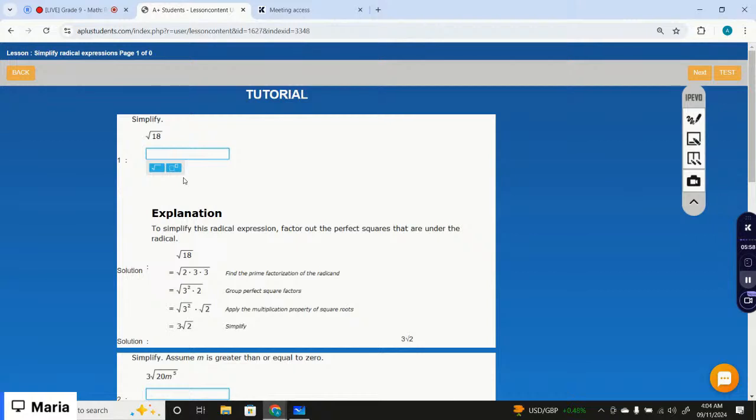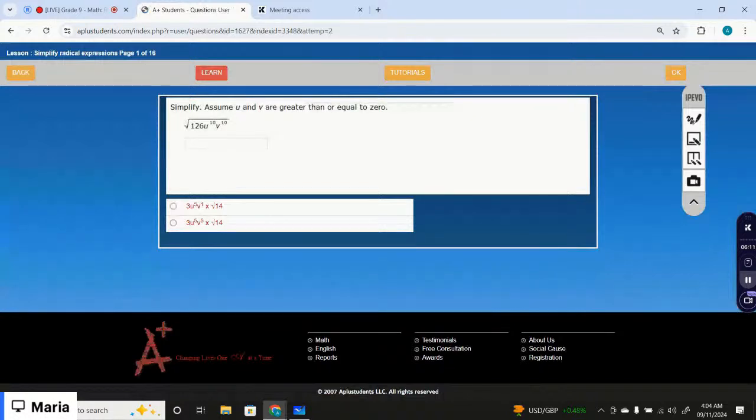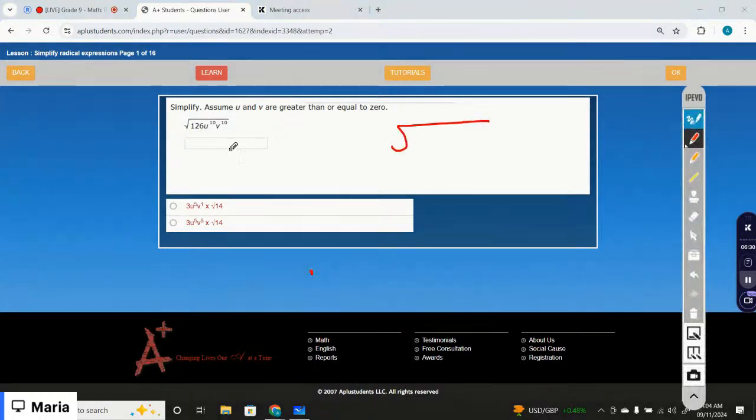Let's just start with the test questions. Simplify square root 126 u10 v10, right? So let's just see how do we simplify 126.